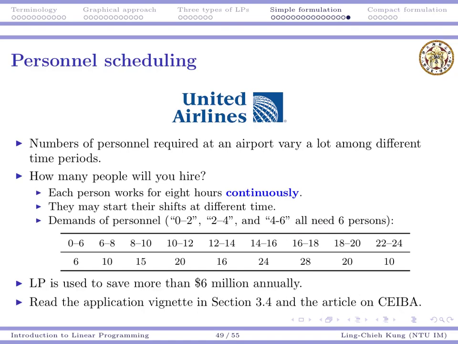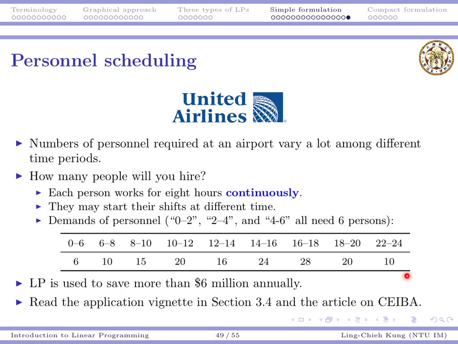Okay? So the story is that linear programming is used by United Airlines to save $6 million each year, simply for finding a better schedule for workers. Okay?